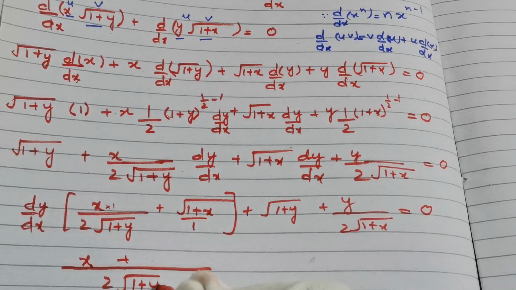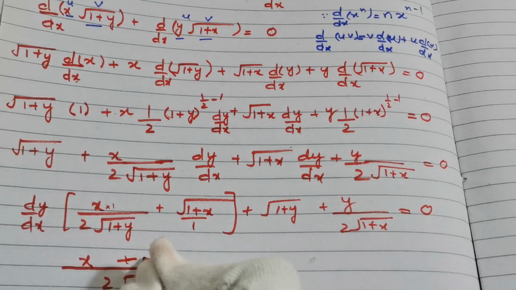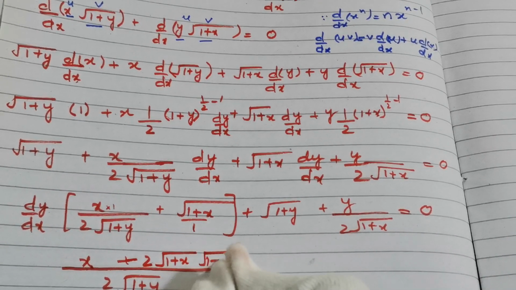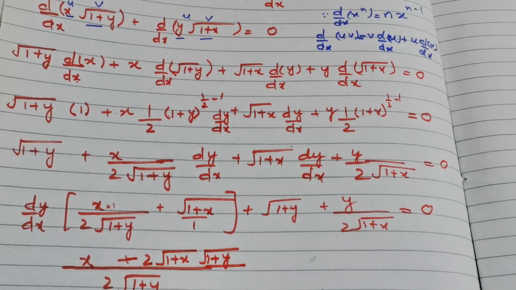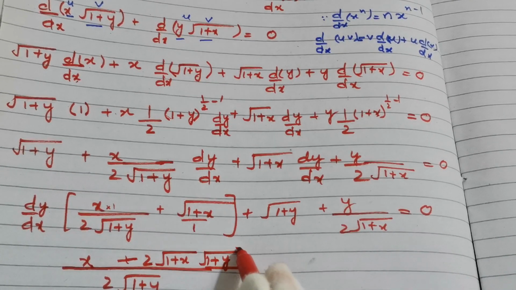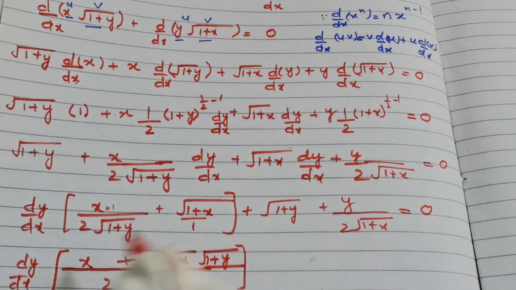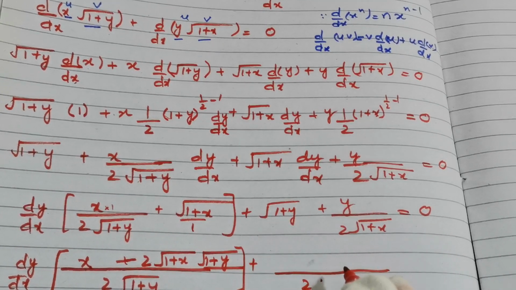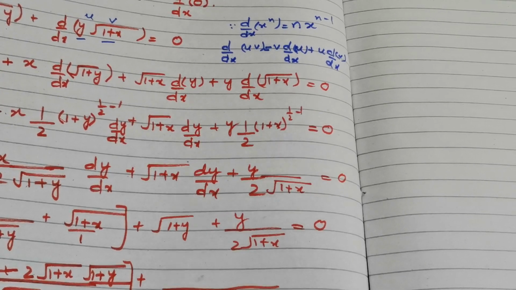Now here 1 is divided by this term, we get this whole term, and when it is divided, 2 under root 1 plus x under root 1 plus y. So this whole term will come in the numerator. Plus, now we'll take the LCM of these two terms, 2 under root 1 plus x.